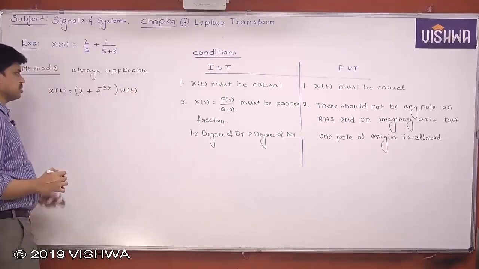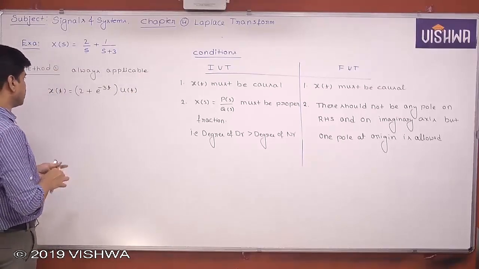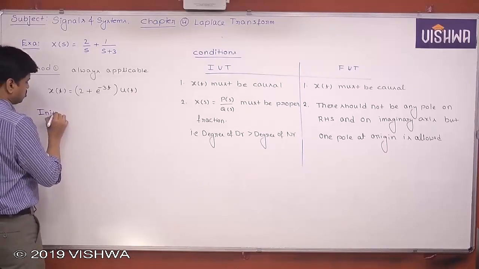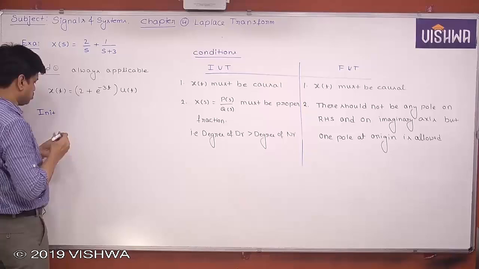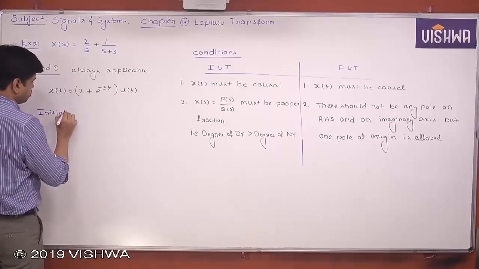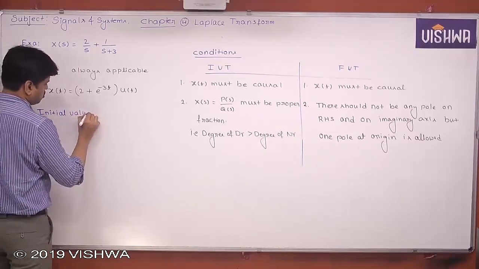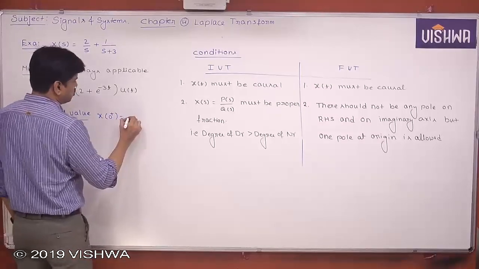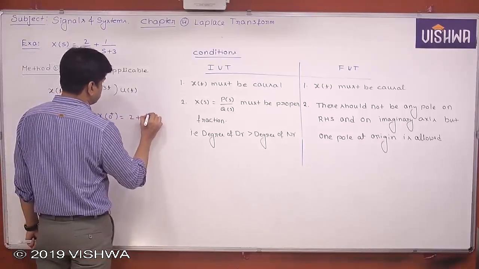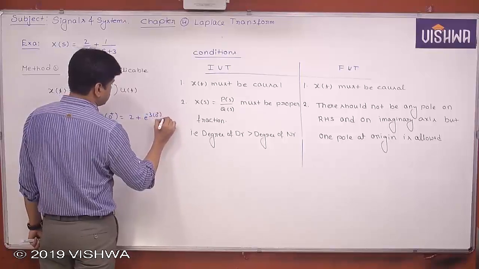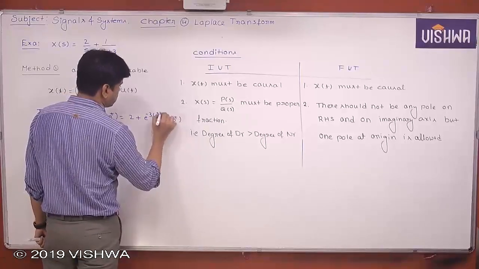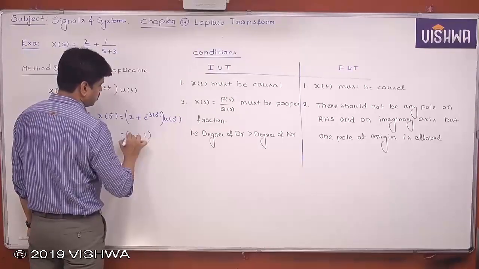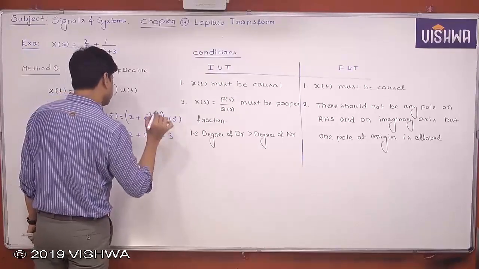Now you tell me the initial value. X of 0 plus is 2 plus e power minus 3 times 0 plus, u of 0 plus. So this is 2 plus 1 into 1, that is 3.